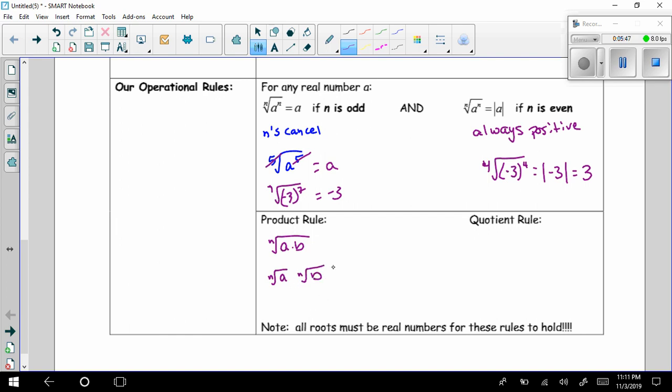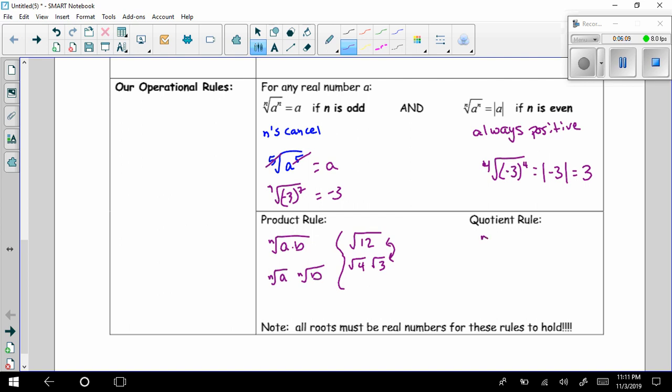This works both ways. So an example of this would be, let's say we have just the square root of 12. Well, this is the same as the square root of 4 times the square root of 3. You can pull that apart, and this works both ways into two separate numbers.